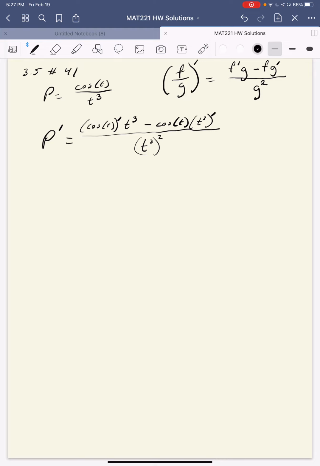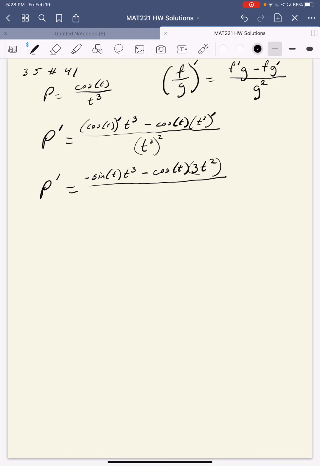All right, now let me go through and actually take those derivatives. So p prime is equal to, all right, so the derivative of the cosine is negative sine, so I have negative sine t times t cubed minus, and I'll just say minus cosine t, and the derivative of t cubed is 3t squared.